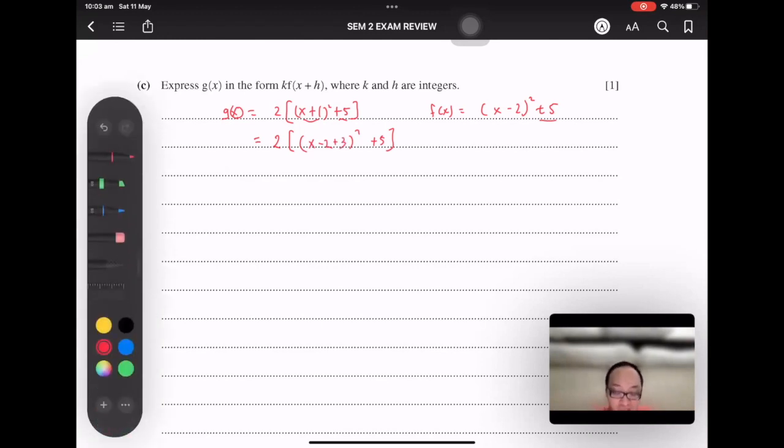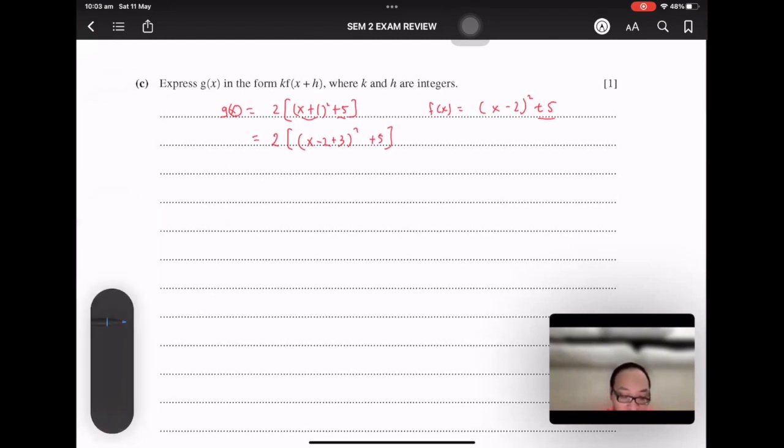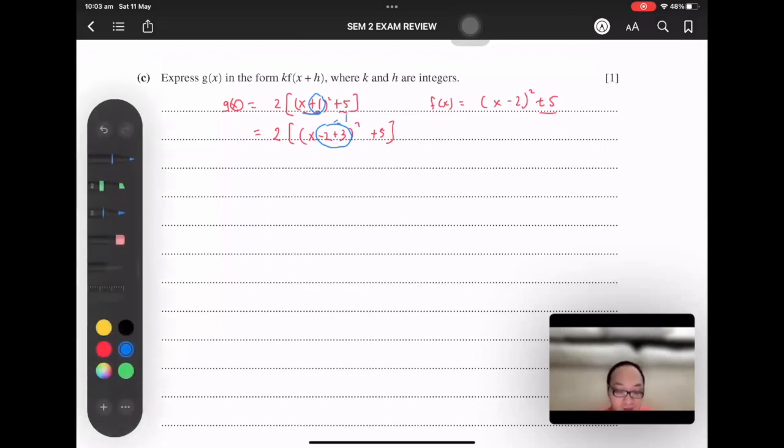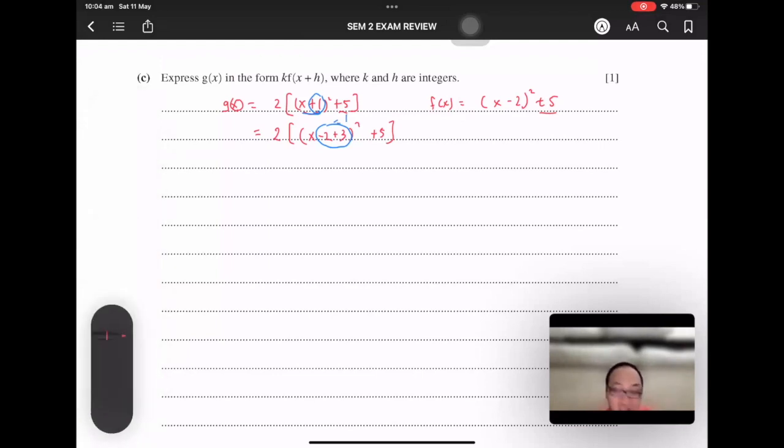So I change the x plus 1 here into this by separating 1 as negative 2 plus 3. This is still equal to 1, but I made this because I need the form of x minus 2.